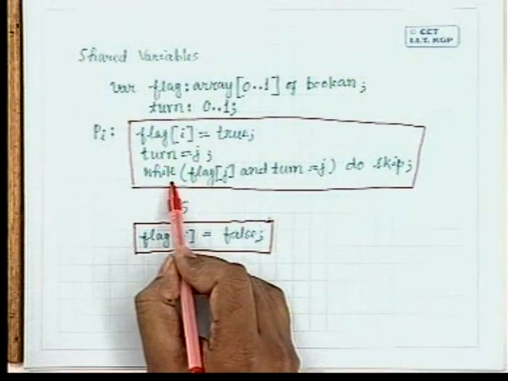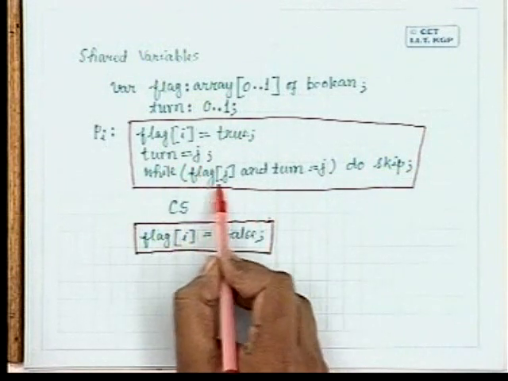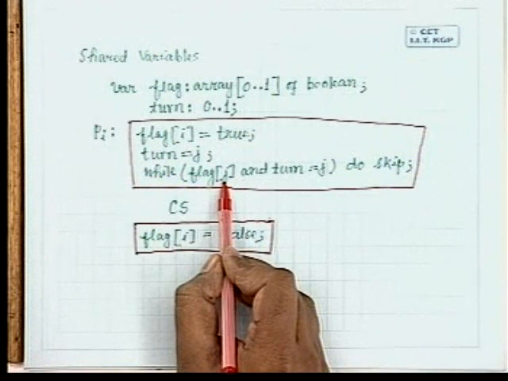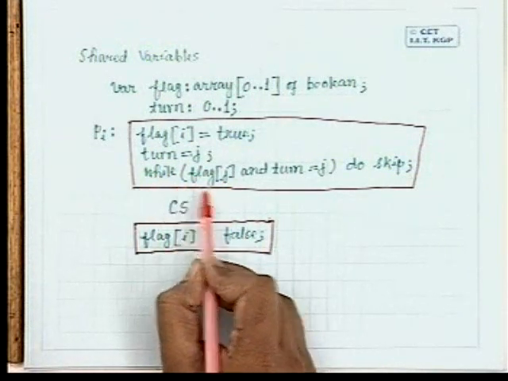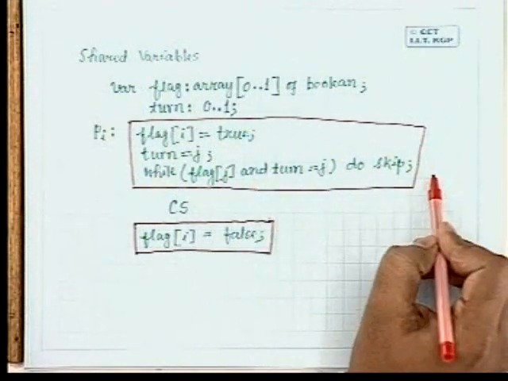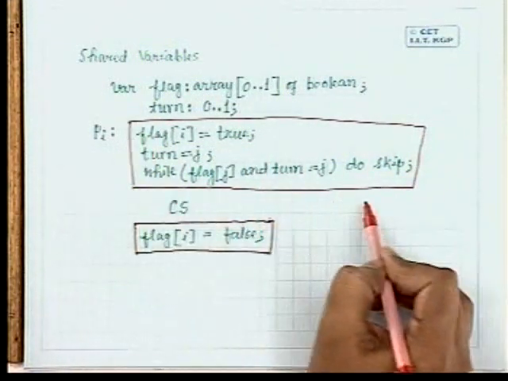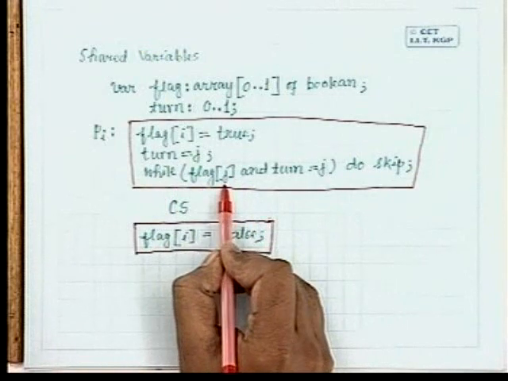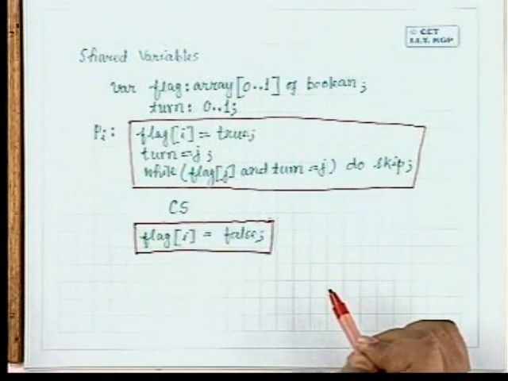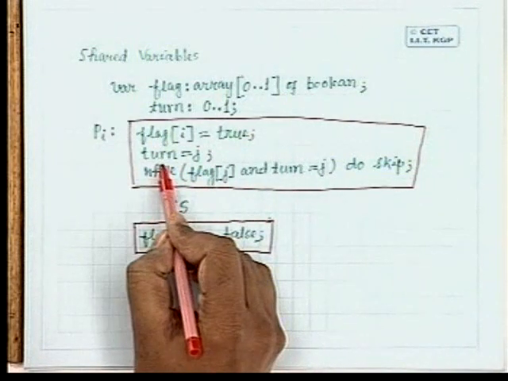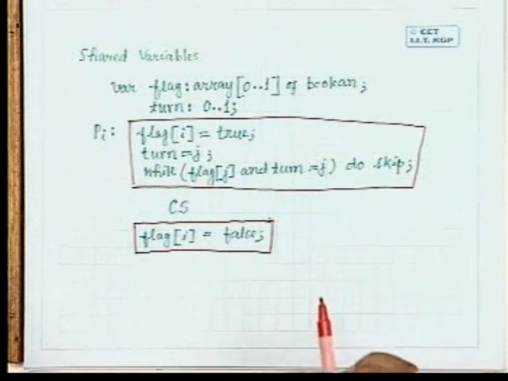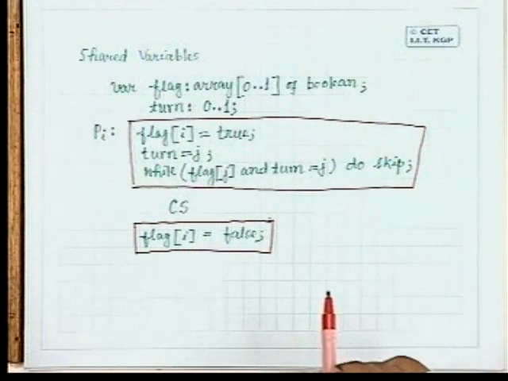Then in this while loop, it checks whether flag j is equal to true or not. If the ith process finds that flag j is equal to true, that means flag j was set to true by the jth process in its entry section. So if flag j is true, that indicates that the jth process wants to enter the critical section. Then the ith process has set turn to j, asserting that let it be the jth process who will enter the critical section.